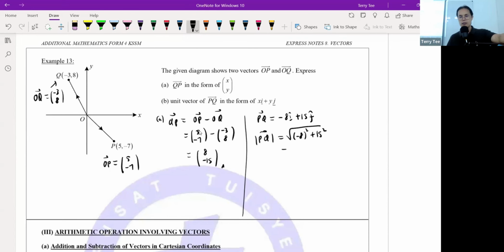That will be 17. So your unit vector will be (-8i plus 15j) divided by 17. Now take note, the first part they asked to give in column vector form. The second part we write in i and j form. Or if you want, you can separate them to -8/17 i plus 15/17 j.